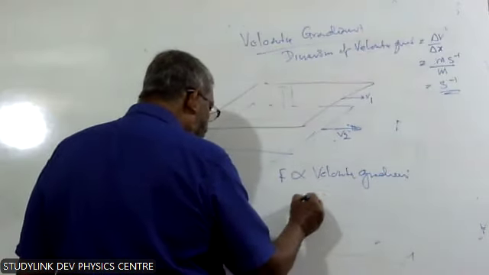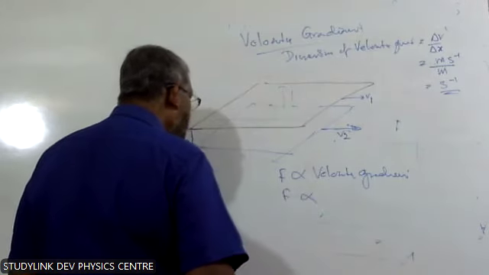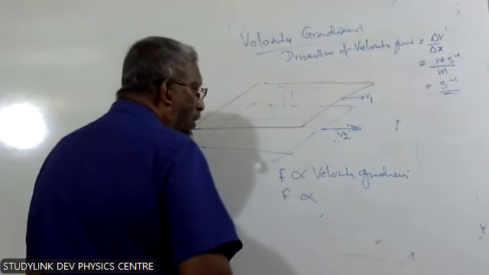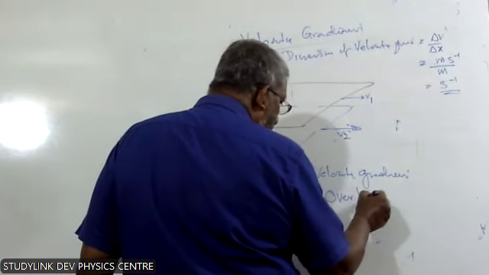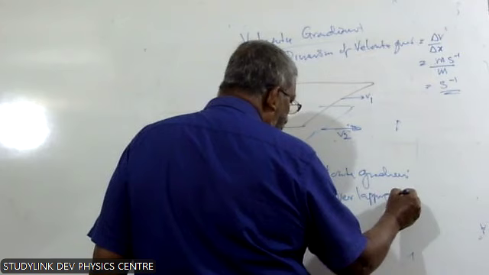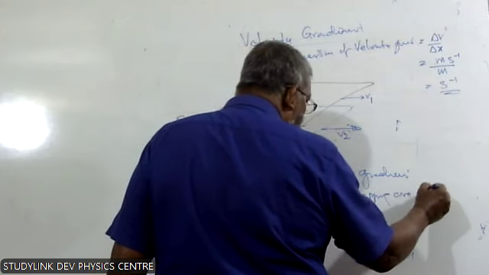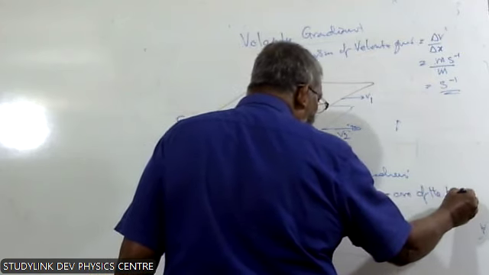And F is directly proportional to the common overlapping area of the two laminae.